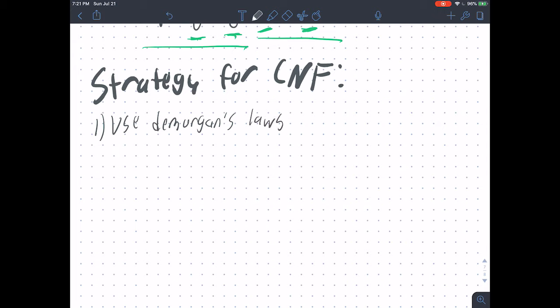Use De Morgan's laws to drive negation signs inward. That's how Quine says it. I guess a better way of saying it would be to get rid of negated groups.